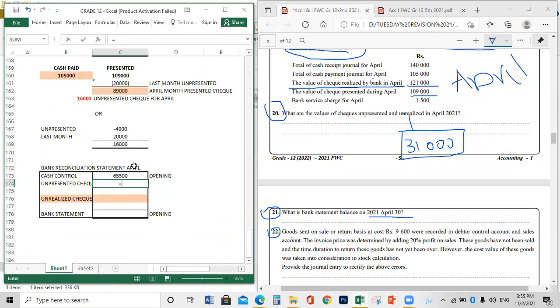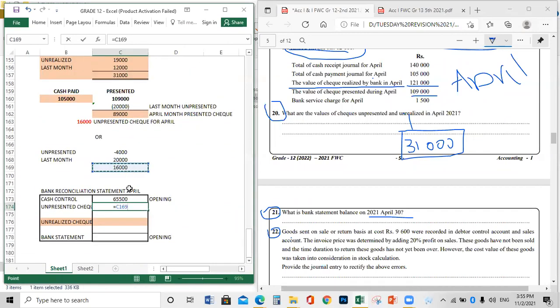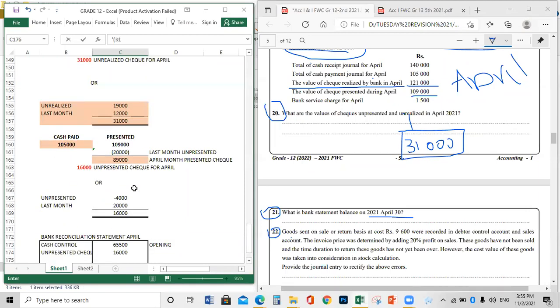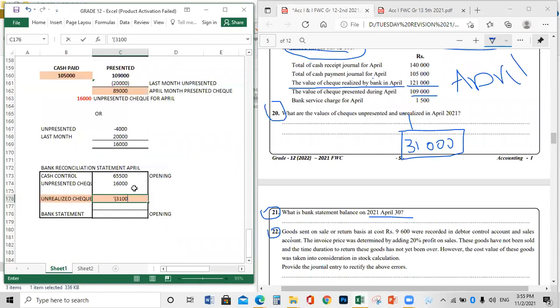You add the unpresented check 16,000. You deduct the unrealized check, that is, I forgot, 31,000. Then you will get the bank statement balance. So how much is your bank statement balance? 50,500. Your bank statement balance is 50,500.